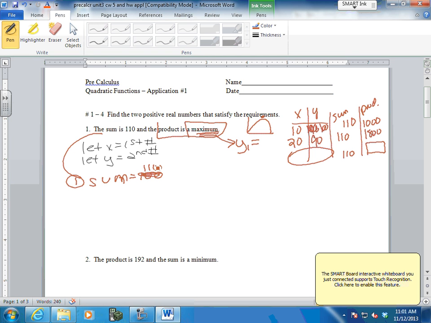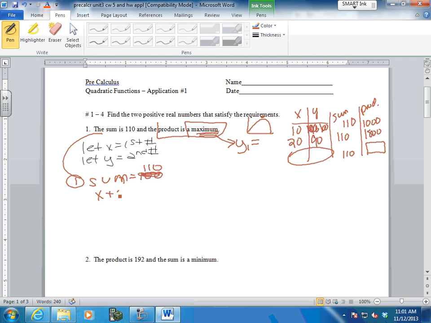So how do I represent the sum of two numbers? X plus y equals 110. My product is its maximum. How do I represent the product of two numbers? X times y. So my product is x times y.